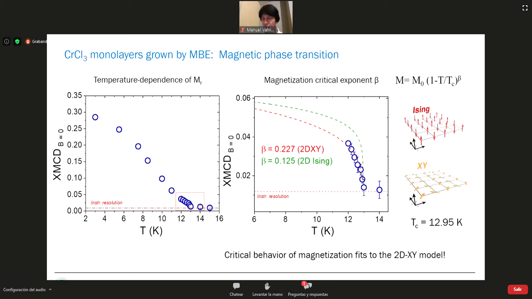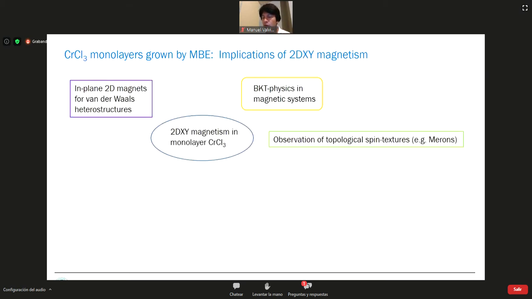And in general, I would say this is very interesting, the observation of these topological spin textures, so some imaging technique. I know there are people working on skyrmion imaging with some synchrotron techniques. That's also very interesting and important, especially for samples grown by MBE, because you have really no perturbation whatsoever, and it would be very nice to see in a freshly made sample if you have this kind of topological spin textures.